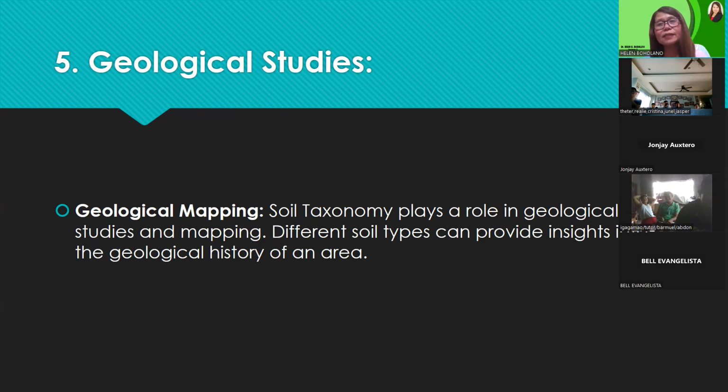Soil taxonomy plays a role in geological studies and mapping. So different soil types can provide insights into the geological history of that particular area. Like what I have mentioned, in Cebu, Governor Garcia already has the mapping. So we can easily determine the geological history of that specific area.